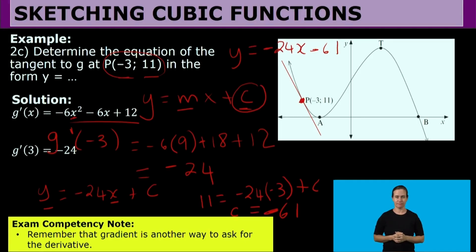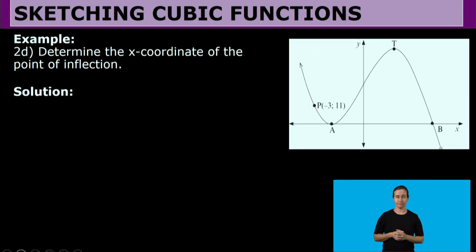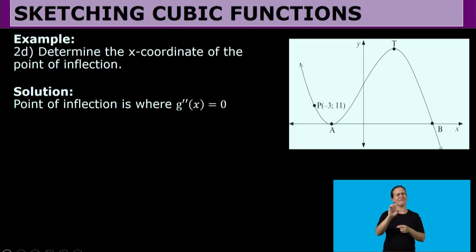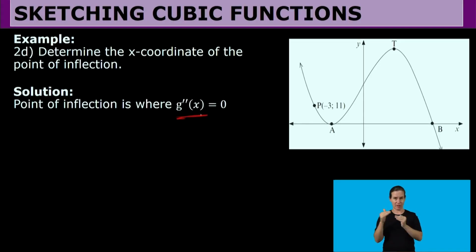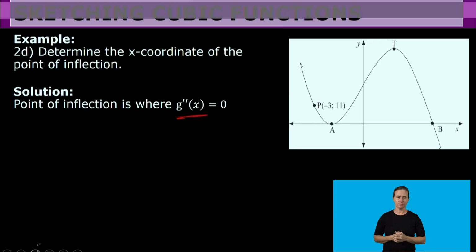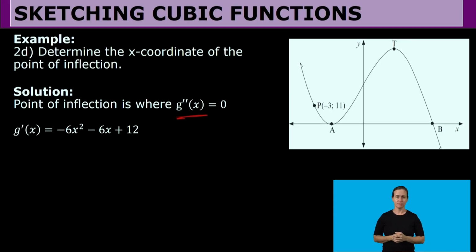All right. Okay, and let's look at this next part of this question, which is determine the x-coordinate of the point of inflection. And this one is interesting because, remember, your point of inflection is where the second derivative is equal to 0. So we already know that our first derivative was minus 6x squared minus 6x plus 12.